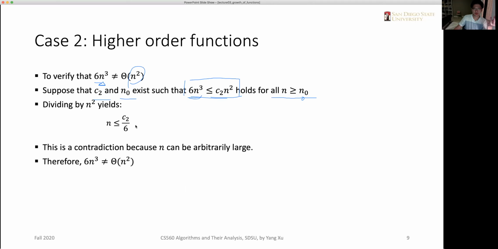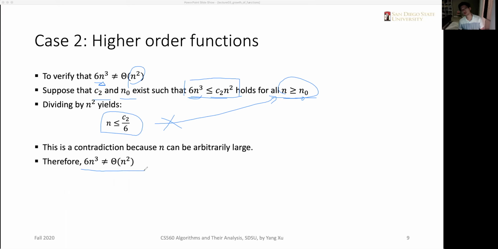But C2 is some constant. So this is a contradiction. We cannot have this inequality hold for all the n that's greater than n0. That's why our assumption is false, which means the cubic function doesn't belong to the big theta of n squared.